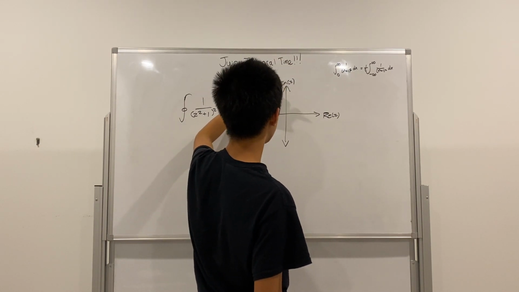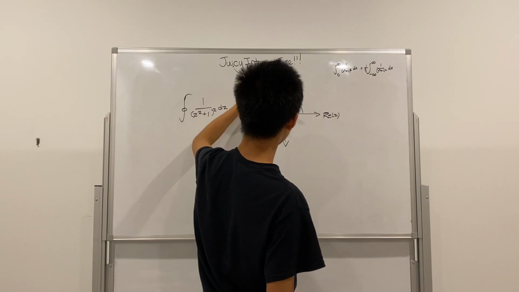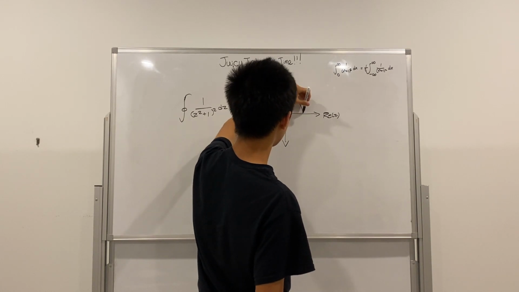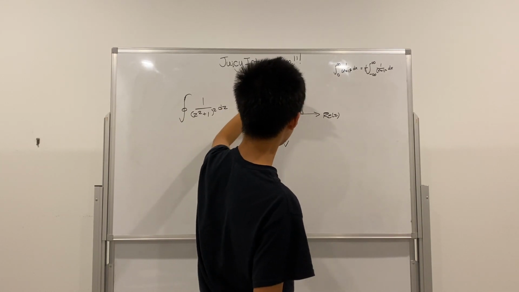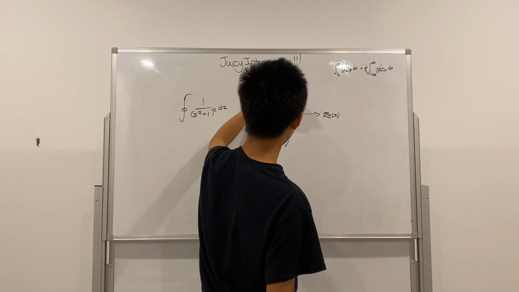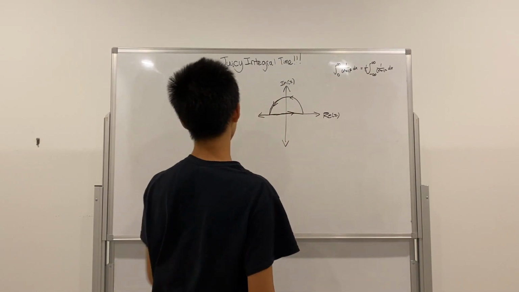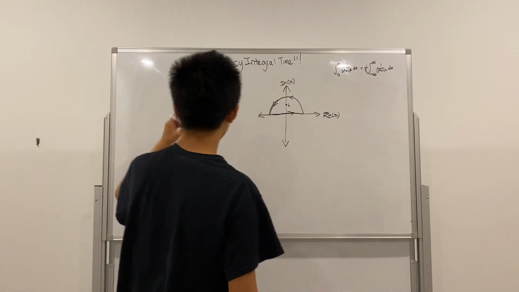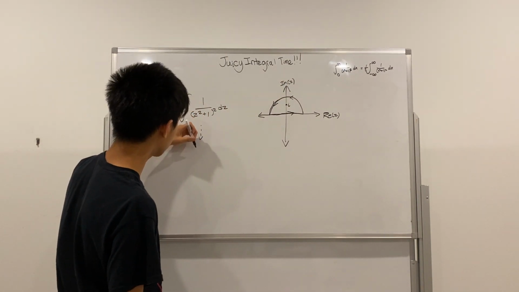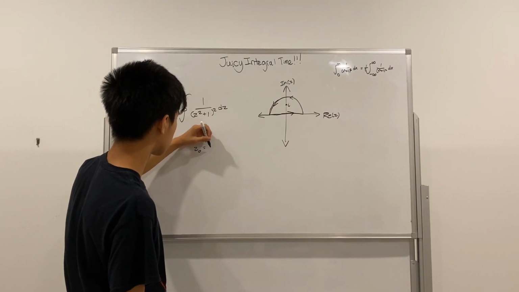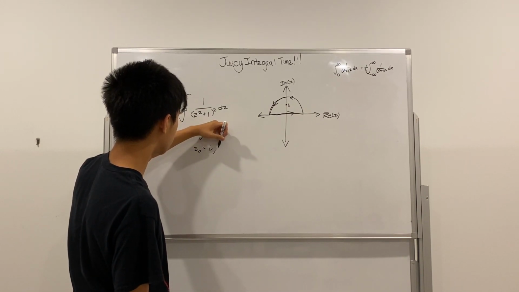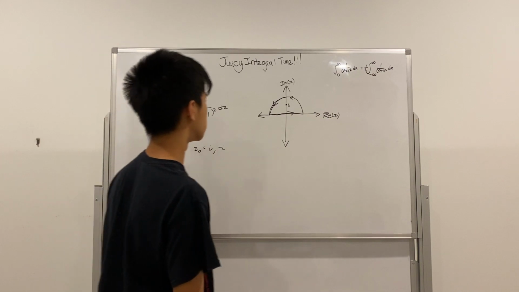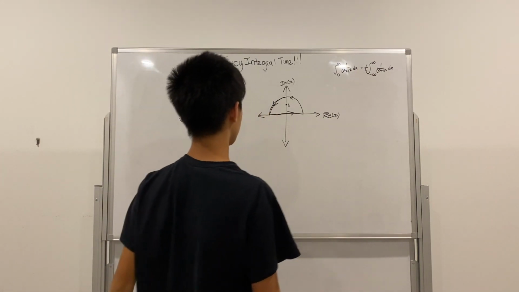And in this case, I'm going to choose a semicircle that only encloses one of the two singularities. We'll just choose i, because remember, if you just do the math quickly, our singularities are i and negative i. So we can surround one of the singularities.